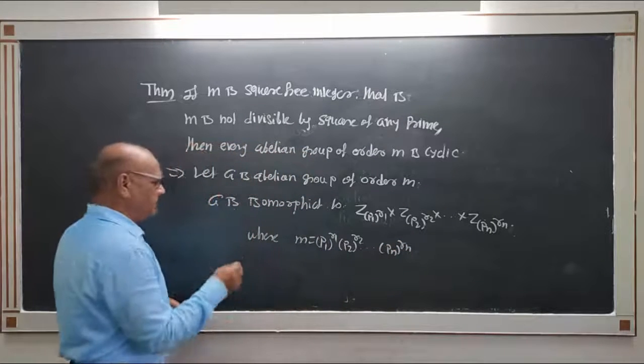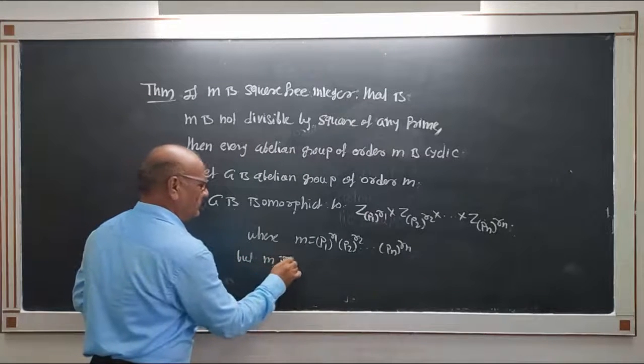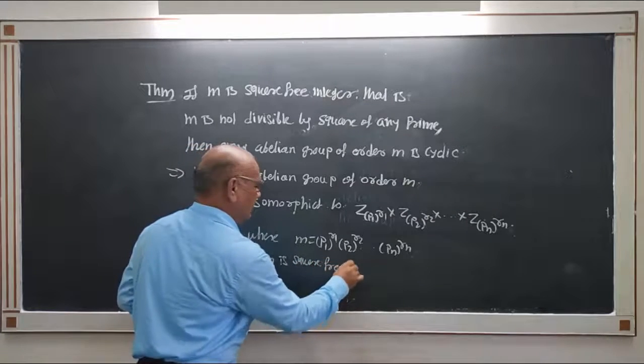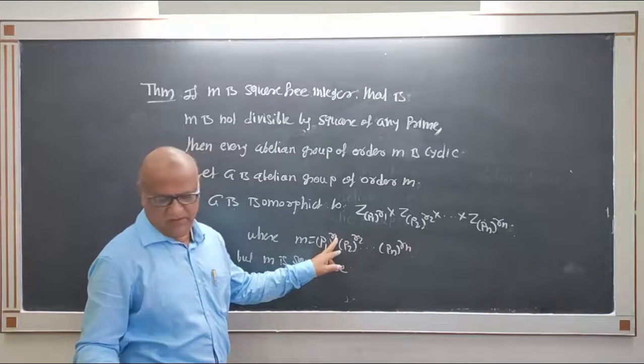But here m is square free, and so here each ri must be equal to 1.